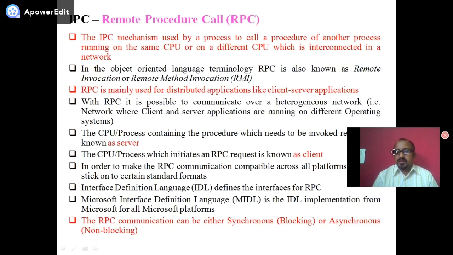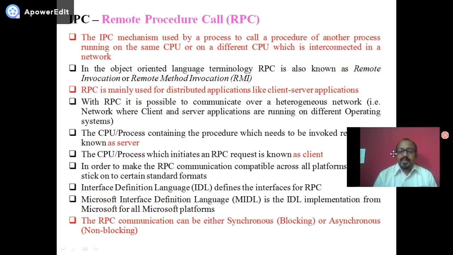So for example, process 1 is in one PC in one college, and process 2 is in another PC in a remote place, hundreds of kilometers away from college number 1. Process 2 runs on another PC in college number 2. In such cases, these two processes communicate through the network, and the RPC is mainly used for distributed applications like client and server applications.